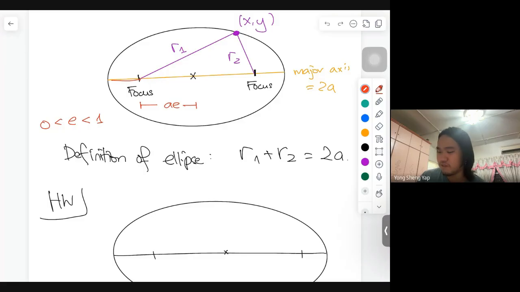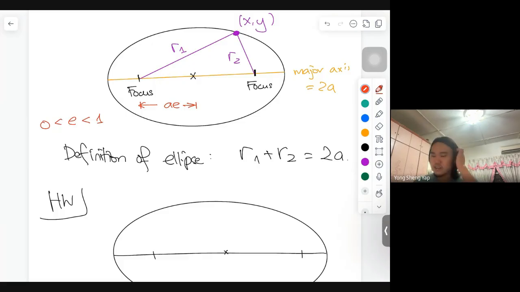If E equals 0, this point is over at the origin. So this E over here is just saying how far away the focus is from the center.